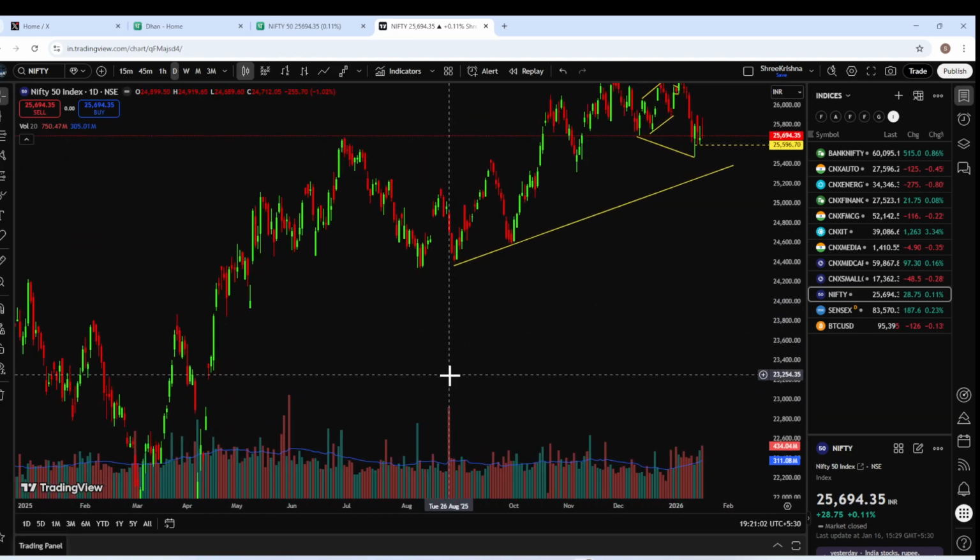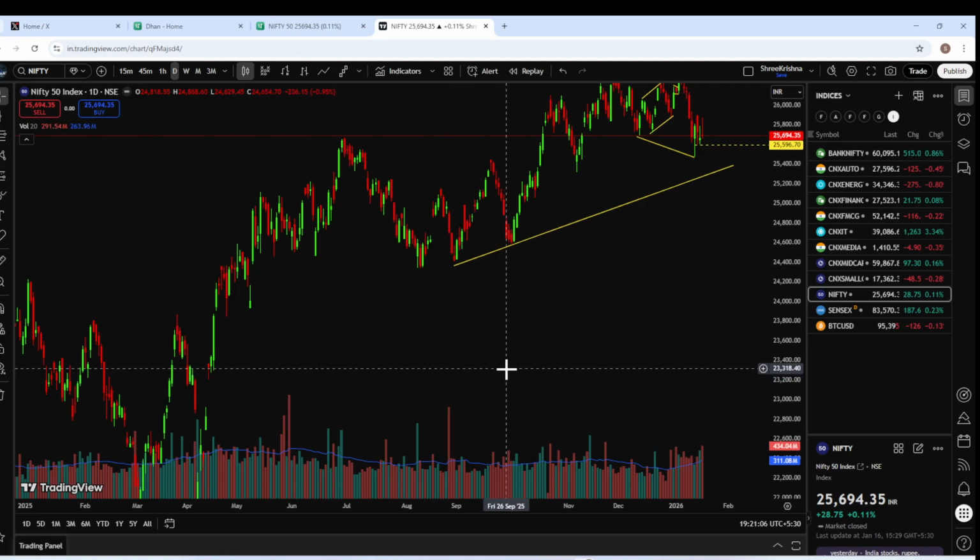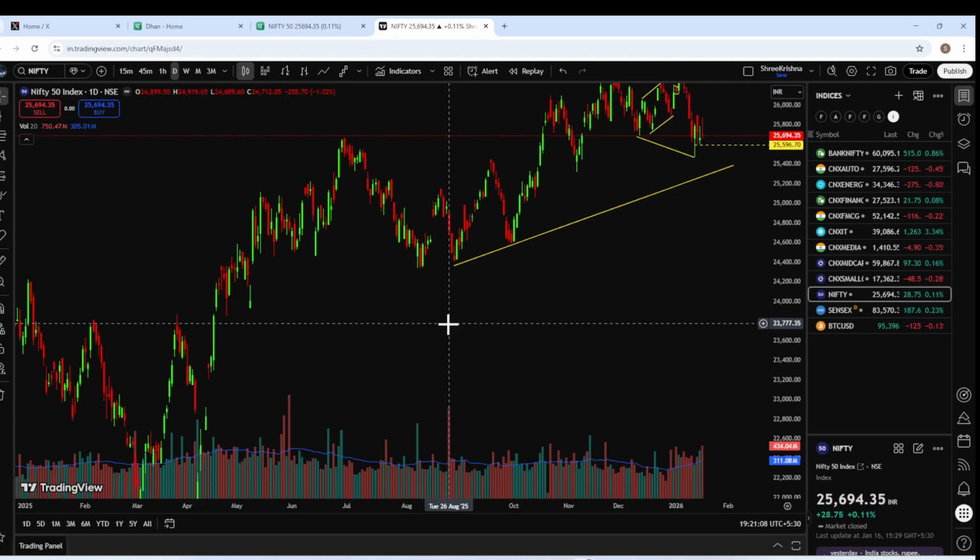Volumes, when you see this one, this is 750 million, and when you see this kind of volume on this and it doesn't break here and gives us a reversal, that is the only way you can enter. That is the only way you can enter.